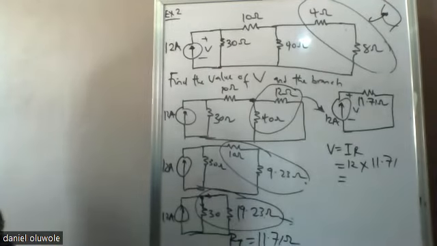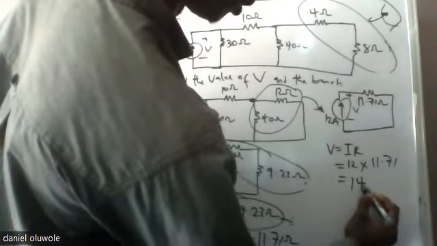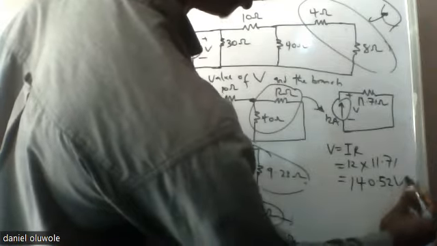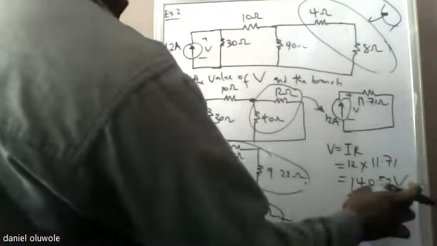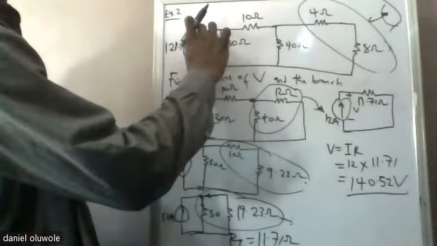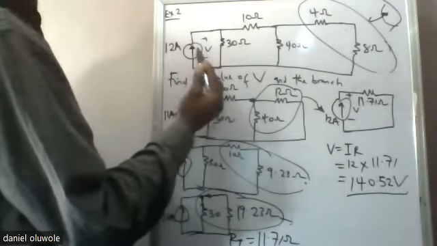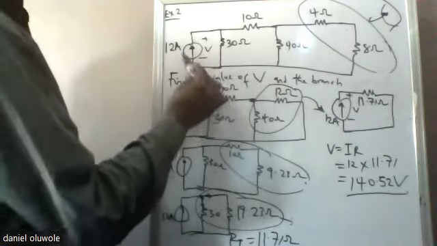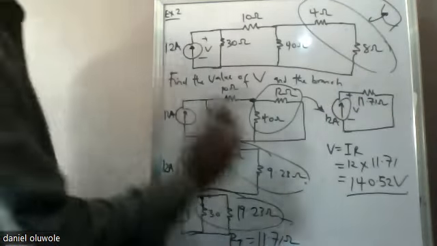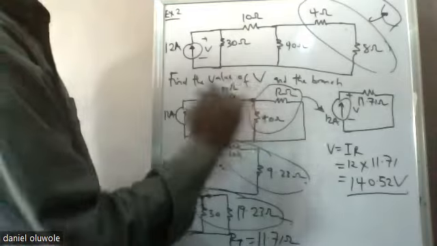It is 140.52 volts. So this is the voltage of this source here. Let's assume it's a battery or something, it gives us 140 volts DC with a current of 12 amps. So that is all that we've been able to interpret from all the solutions.